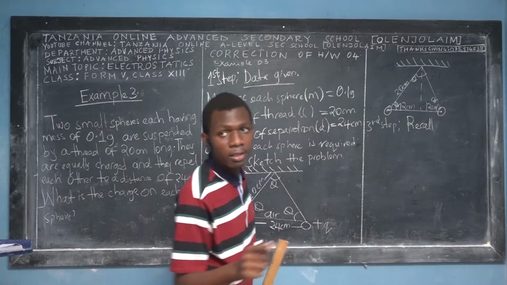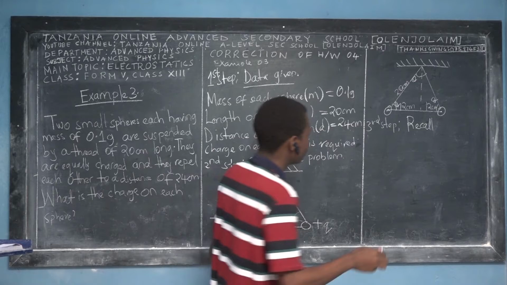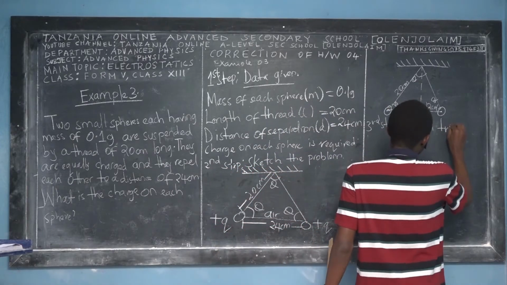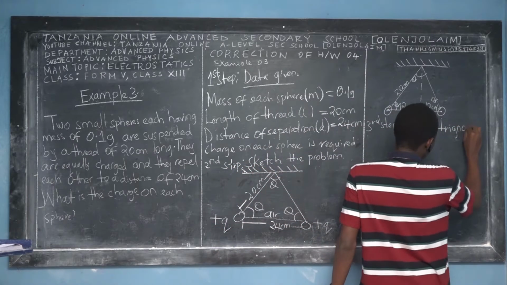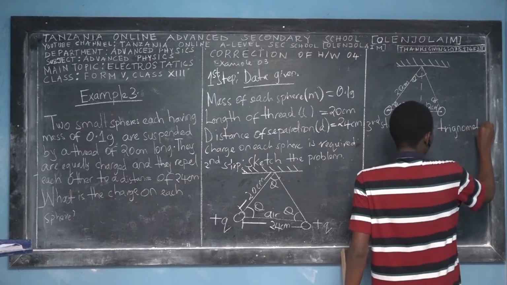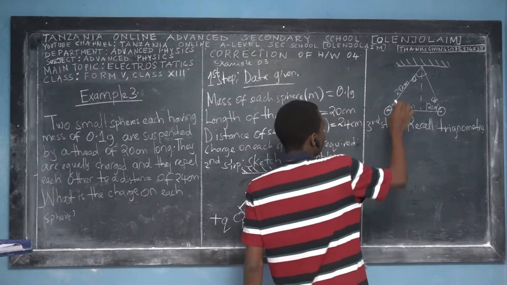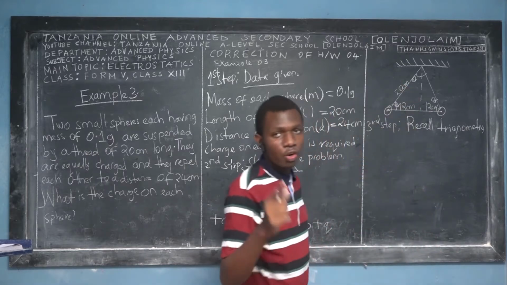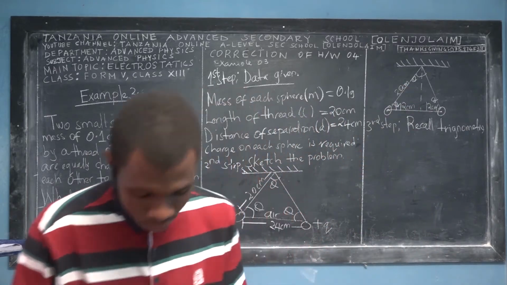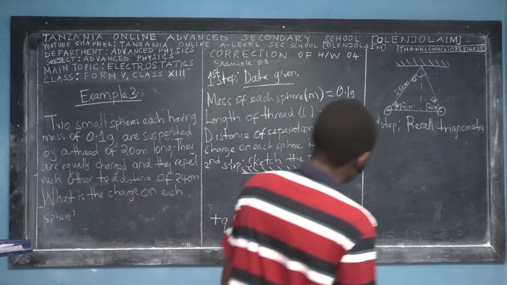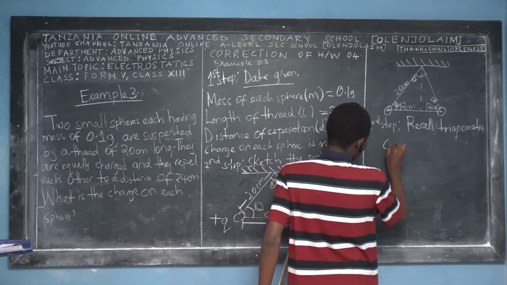You have to recall trigonometric ratios. Recall that we are given an angle with the adjacent and the hypotenuse. So the suitable trigonometric ratio to use here is cosine.